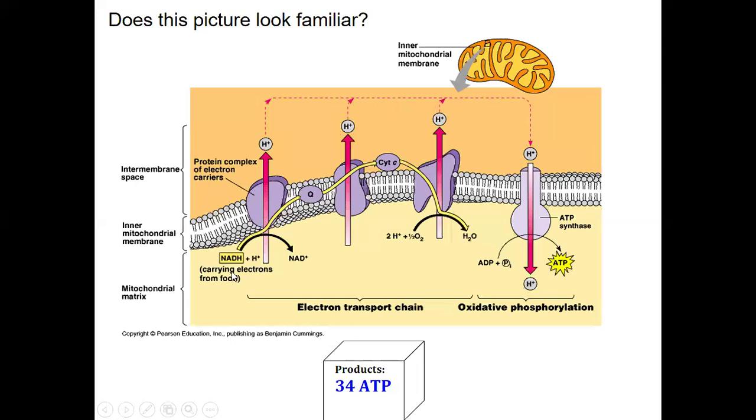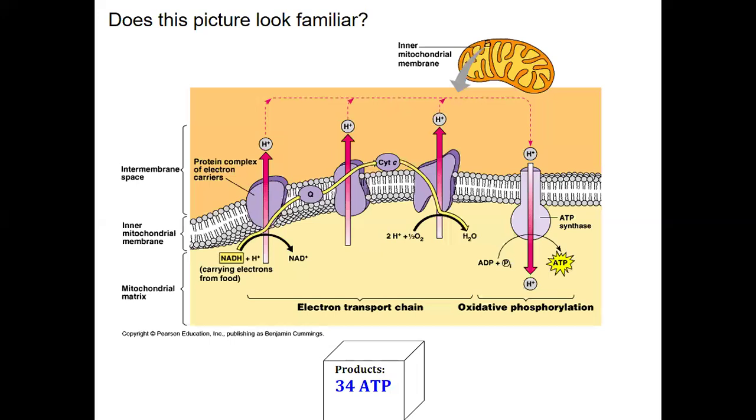The NADH carries electrons from food and donates electrons. So the protein complex of electron carriers is there. The electron moves from complex 1 through its carrier to complex 3, and this leads to the building up of a gradient in the intermembrane space.